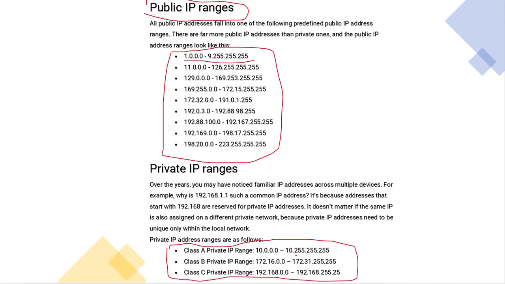These are the private IP ranges: 10.0.0.0 to 10.255.255.255 for class A, and for class B, 172.16.0.0 to 172.31.255.255, and class C 192.168.0.0 to 192.168.255.255.